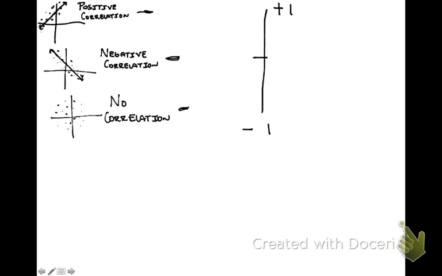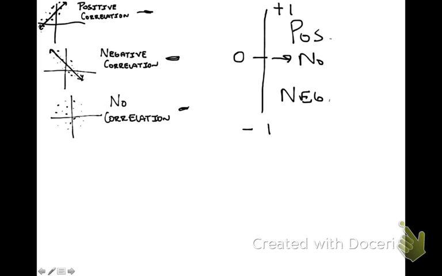And right in the middle is 0. Now everything from 0 to -1 is dealing with the stuff that has a negative correlation. And everything from 0 to +1 is all the things that have a positive correlation. And if there's no correlation, you have the value of 0.